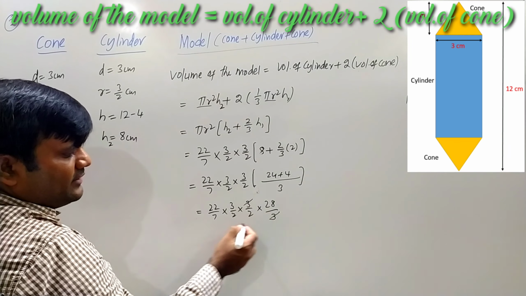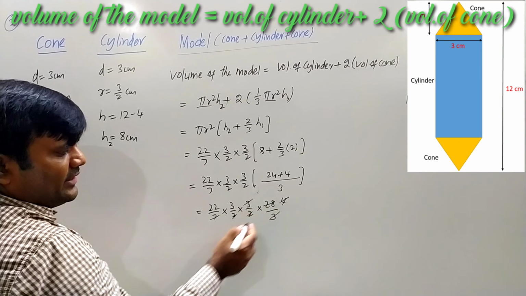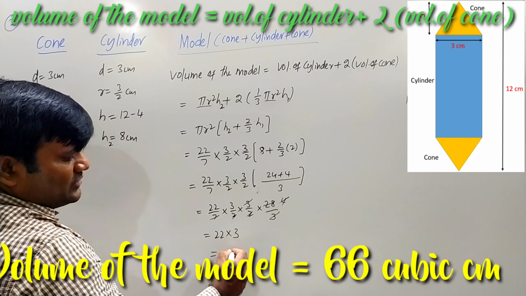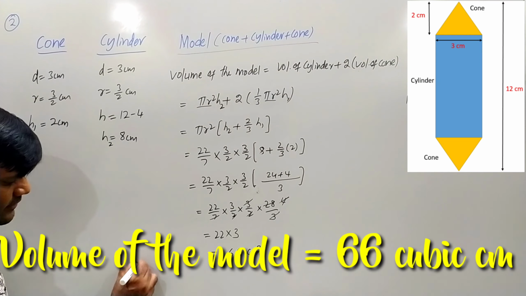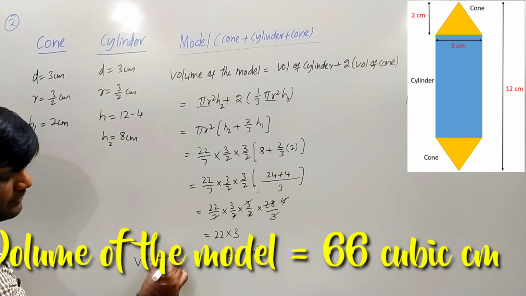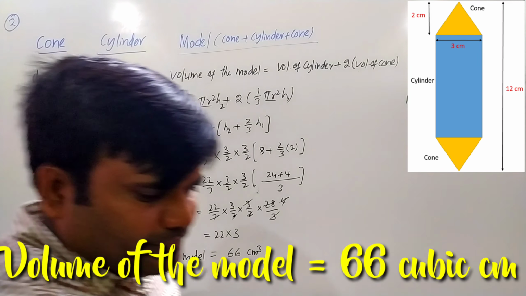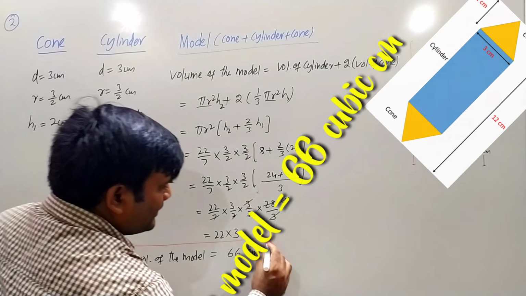The 3s cancel. 7 1s are 7, 4s are 28. 2 2s are 4, cancel. So the remaining one is 22 into 3, that is equal to 66 centimeter cube. That is the volume of the model. The volume of the model is 66 centimeter cube.